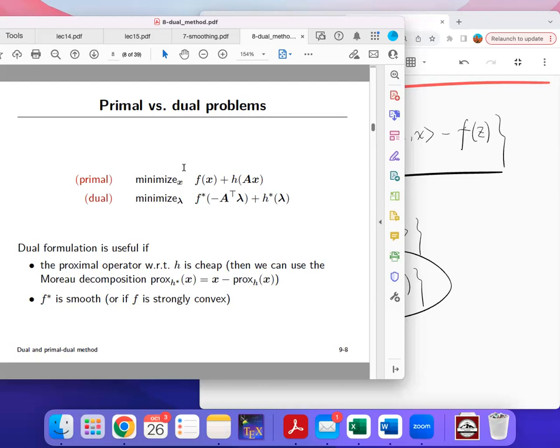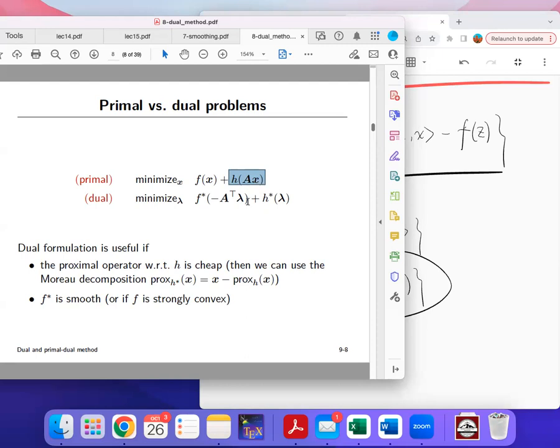Suppose in your primal form you have a strongly convex f, but this term is very hard to handle. This H can be very simple, non-differentiable, but because of the linear mapping, you cannot compute the proximal mapping of this function.